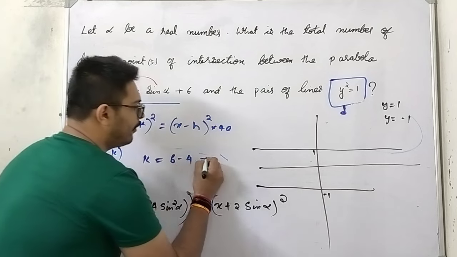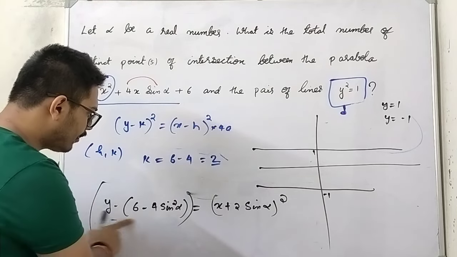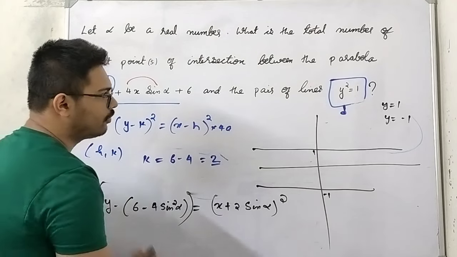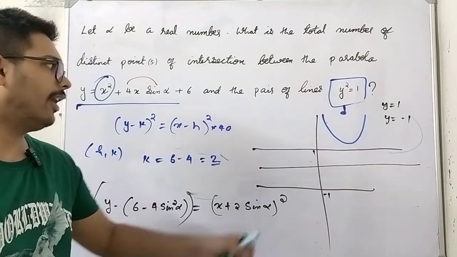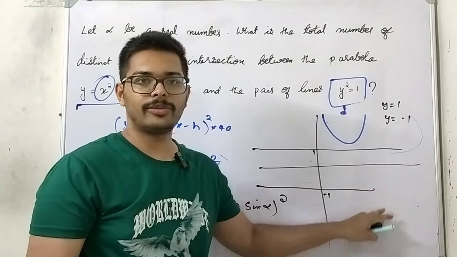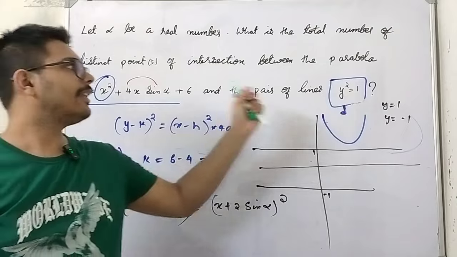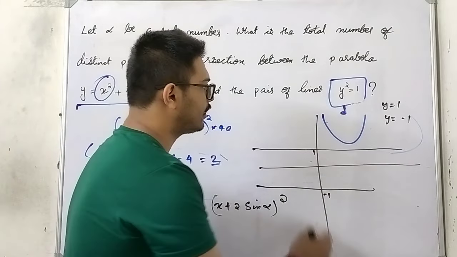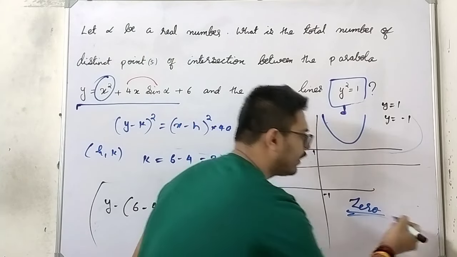So the minimum value of the y coordinate of the vertex is 2, which means the parabola will be somewhat like this. The parabola won't touch any of the lines, which means the number of points of intersection of the two curves is 0. Hence, we don't have any common intersection point. The number of distinct points of intersection is 0.